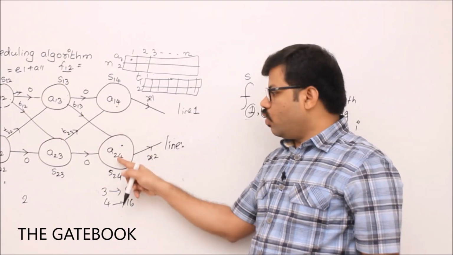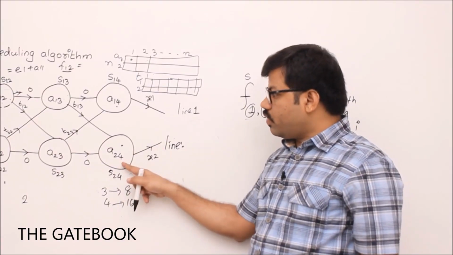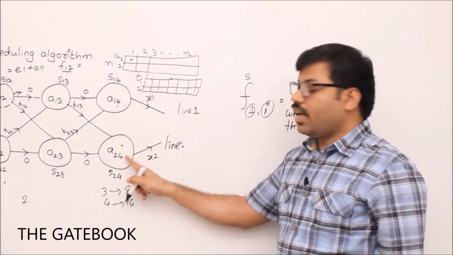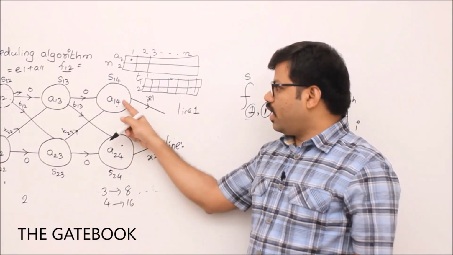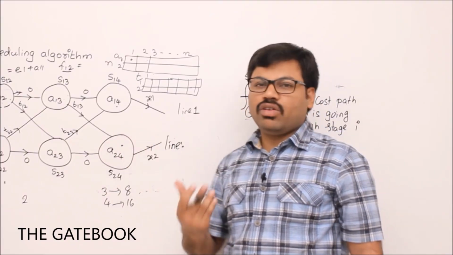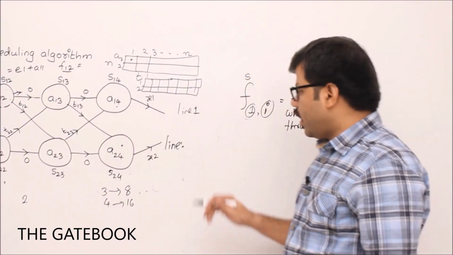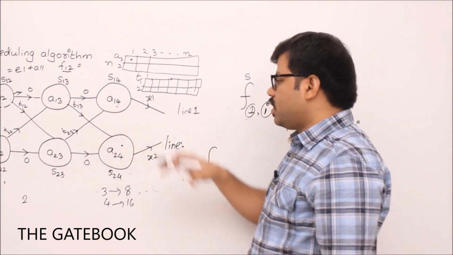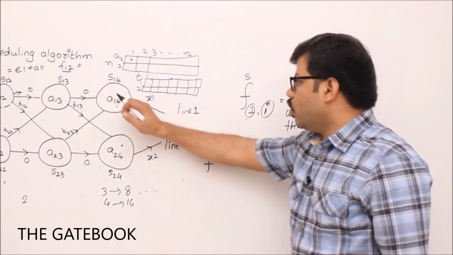Yes, then it should go here. If it is not going through this one, it should go here. Is there any path which is neither going through A14 nor A24? Impossible, right? Definitely either this stage or this stage has to be taken into consideration, correct? So finally what I want to say is your shortest or cheapest path definitely should go through one of these stages.